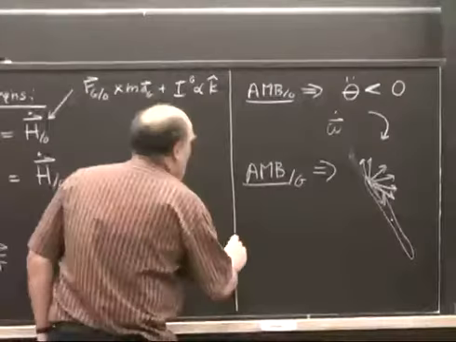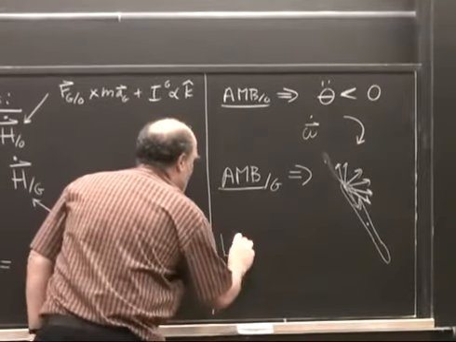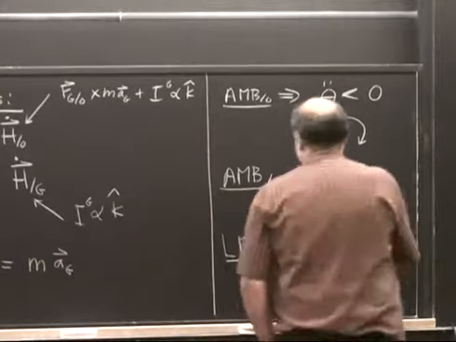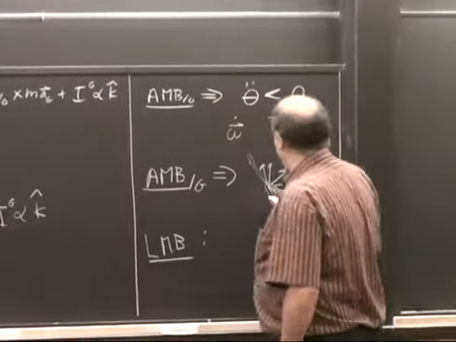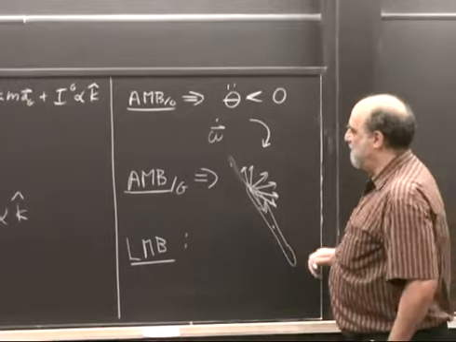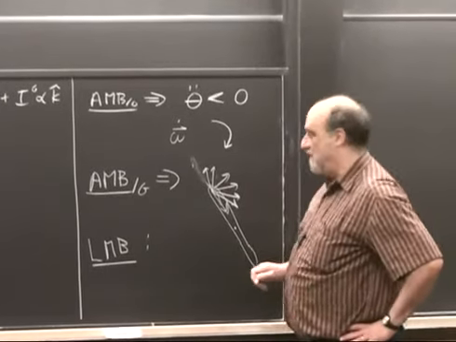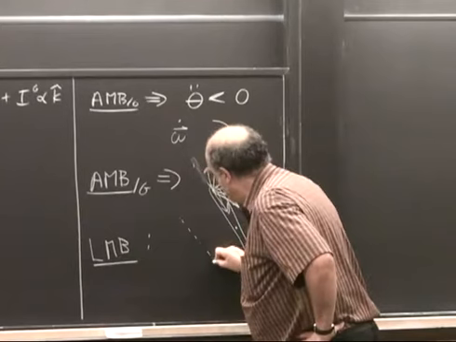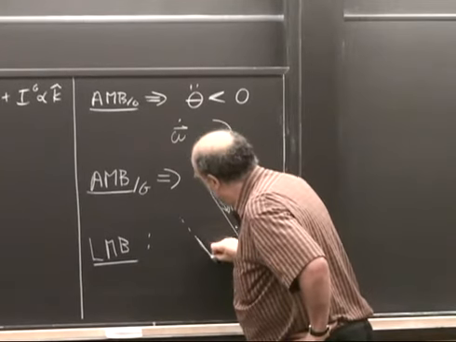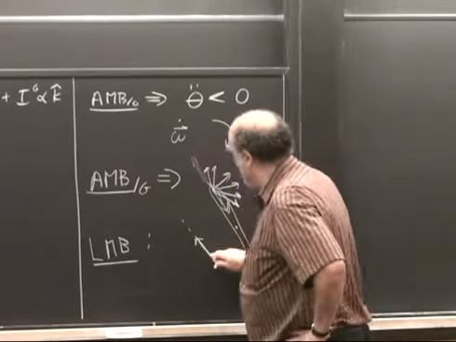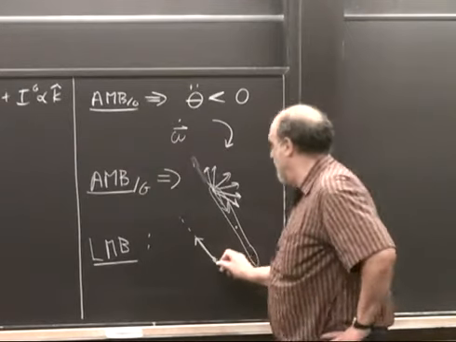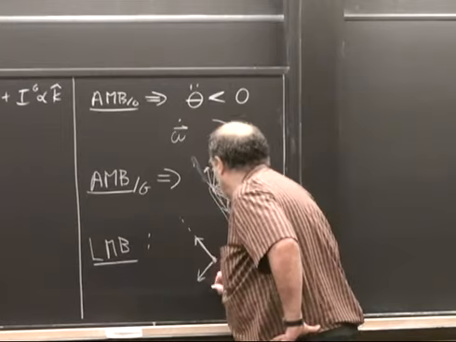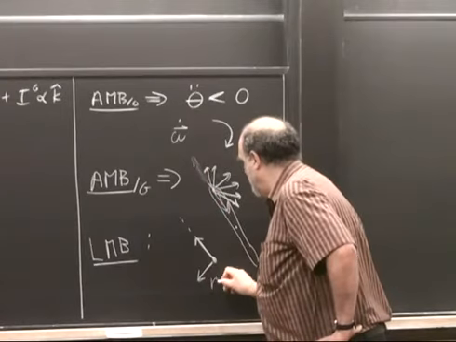Well, if we look at linear momentum balance, what we get is that the force on this thing has to equal the mass times the acceleration. What is the acceleration? Well, the acceleration has two parts. It has one part associated with r theta dot squared, and it has another part associated with r theta double dot.